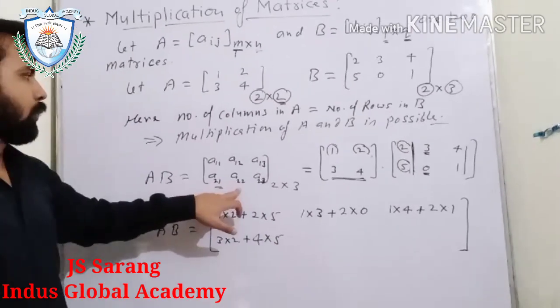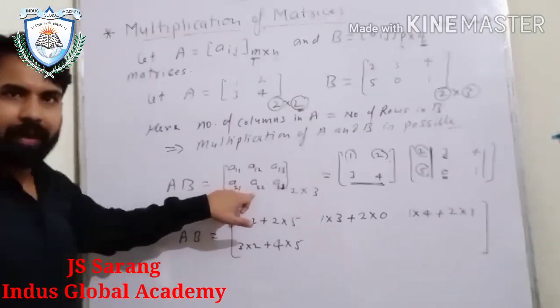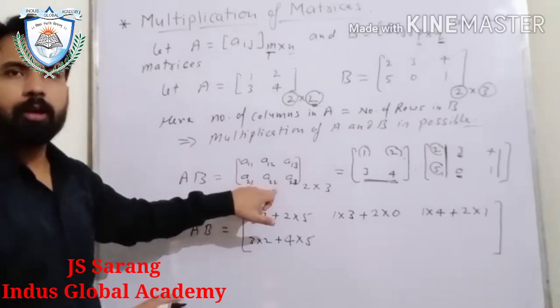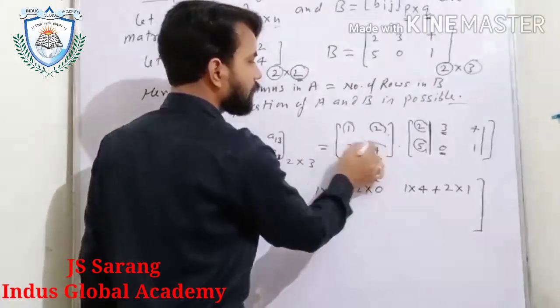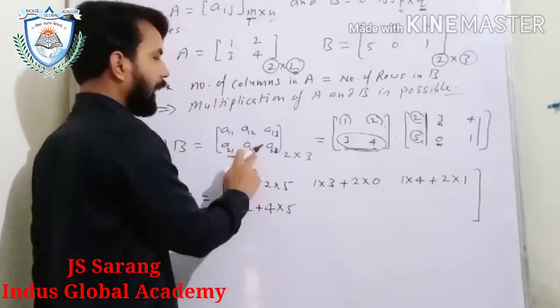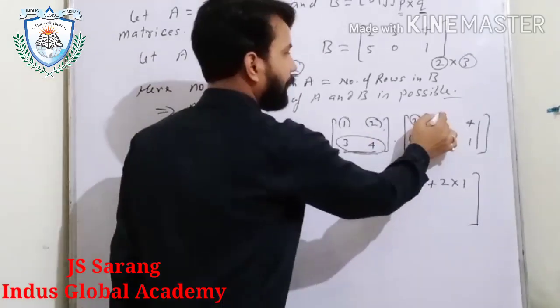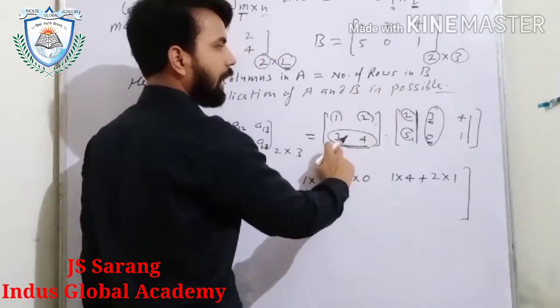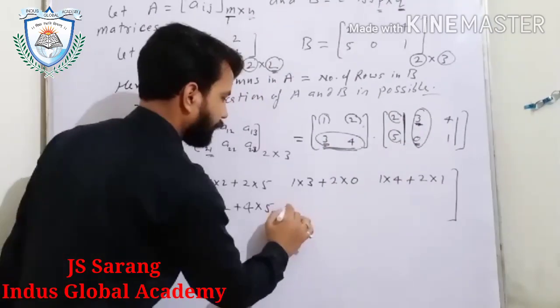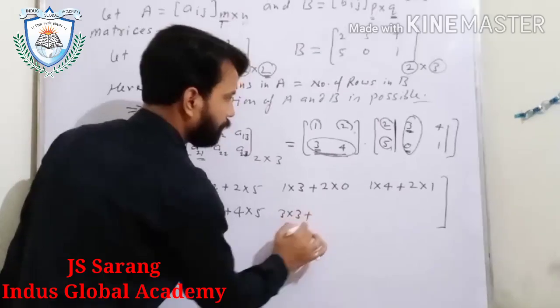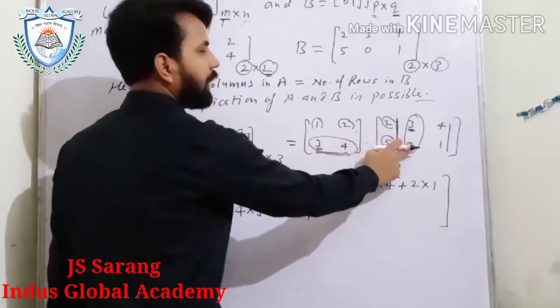Now A22. Second row of the first matrix and second column of the second matrix. So the second row of the first matrix is 3, 4 and the second column of the second matrix is 3, 0. So we will have to multiply these two. So 3 multiplied by 3 plus 4 multiplied by 0.